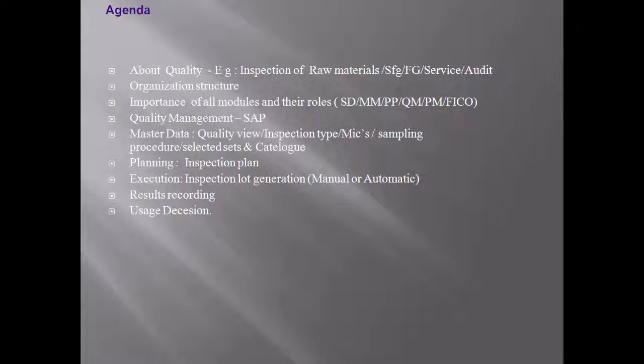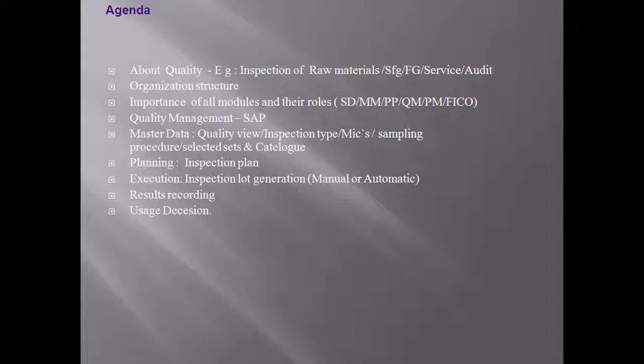Or when he is moving the product to the storage location, then it is called final inspection. So once the lot is generated, we will do results recording and then we do usage decision. Results recording is whatever we are noticing, we will record. Usage decision means we are accepting the lot.